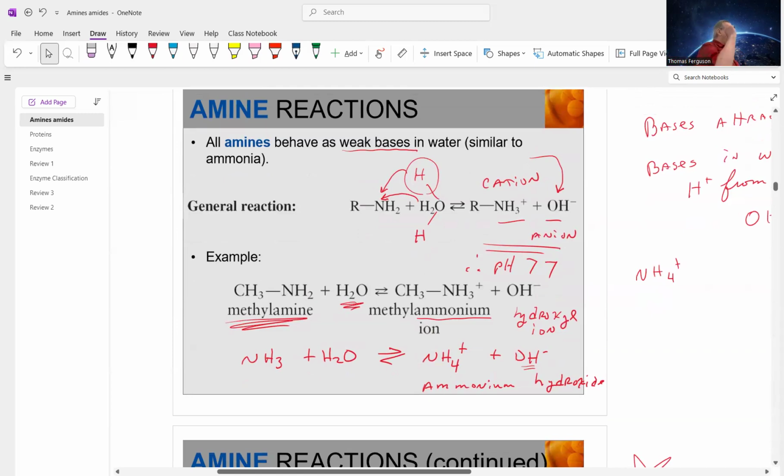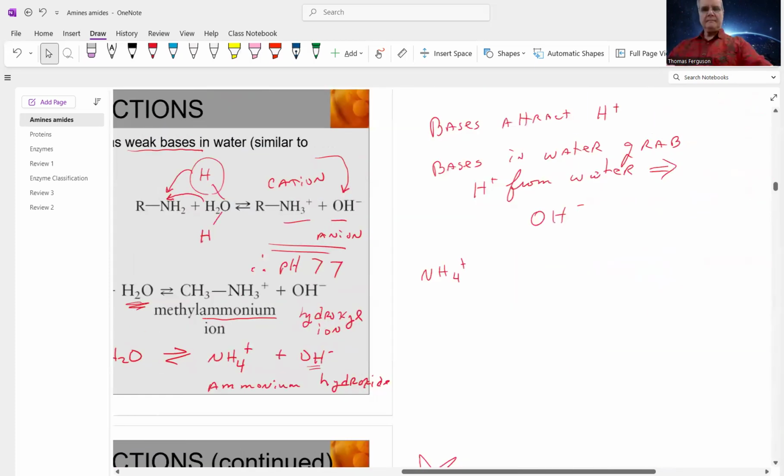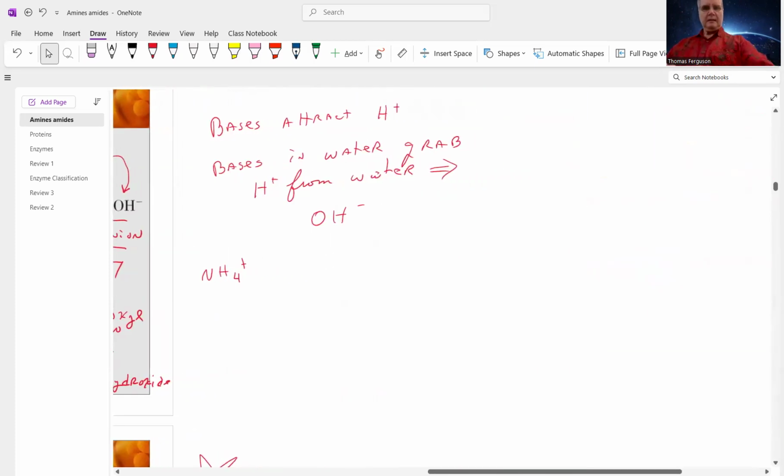Now, nitrogen compounds act as weak bases. Now, from 305, we talked about acids and bases. Acids, remember, dissociate a H plus. Bases dissociate an OH minus.